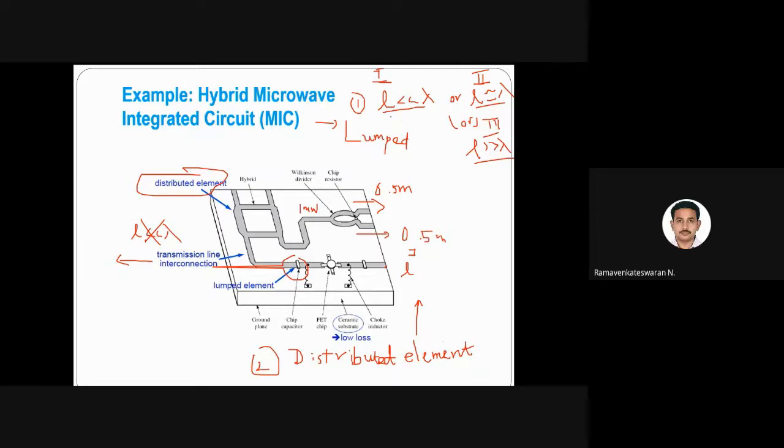Okay, so for distributed, which case do we call distributed elements? Probably I will just present another screen. Okay, I'll write it here again. One second, I will present it from here. Let us see.